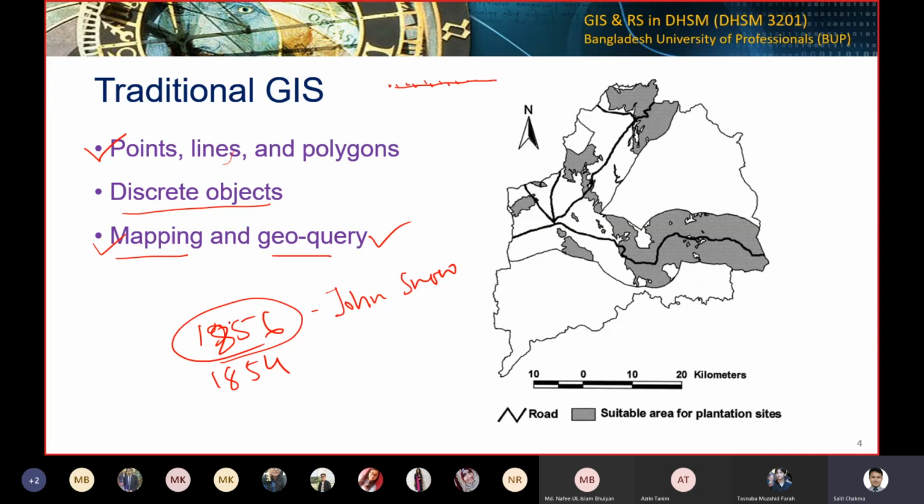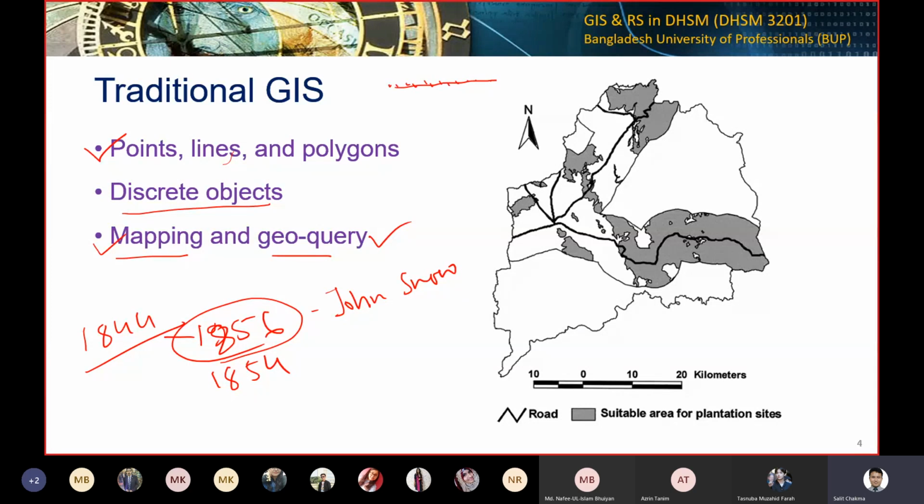And before that, John Snow actually took the idea from a Frenchman. In 1844, there was a French cartographer who mapped out a cholera outbreak in France, maybe in Paris.